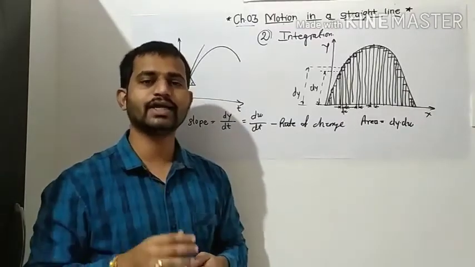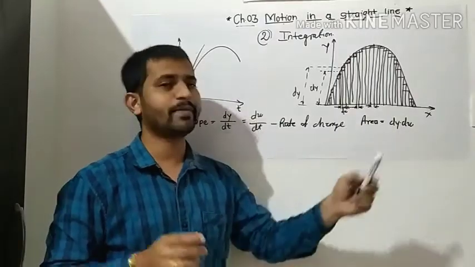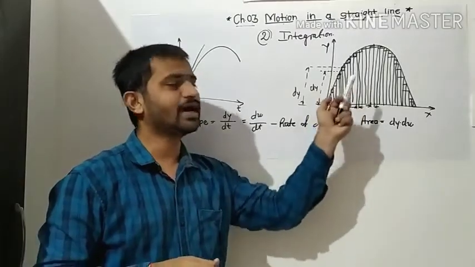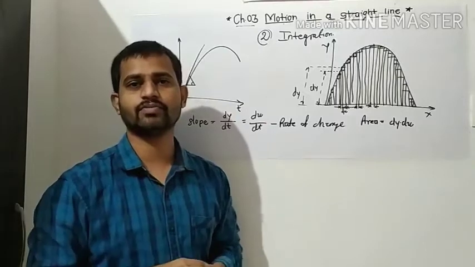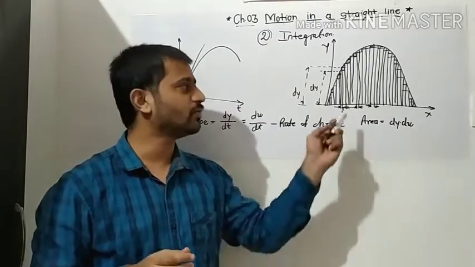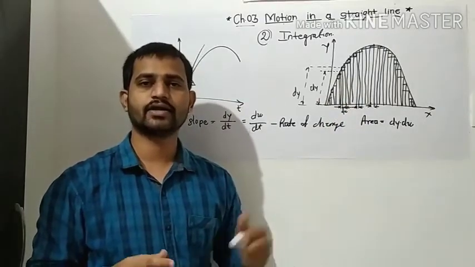To find out the area, we have to take the multiplication, area is equal to dy into dx, and finally to calculate the total area under the curve, we have to take the addition of all these areas. Then we will get the value of the total area under this curve.